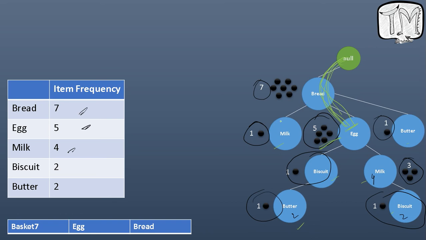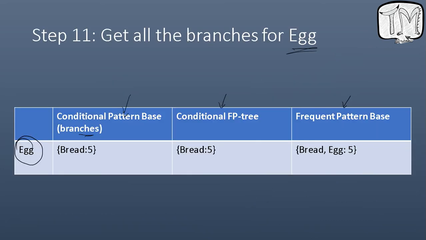Let's look at milk: if we were looking for milk, this step would have a frequency of milk of 1. But in our case, egg has a frequency of 5 at this step. So we will put bread and also the frequency we found for egg, which is 5. This only contains a single branch, so that is the only value.